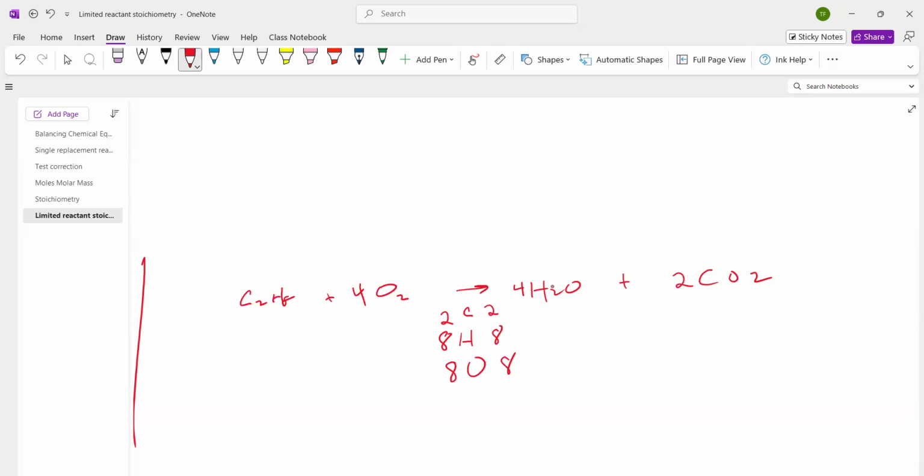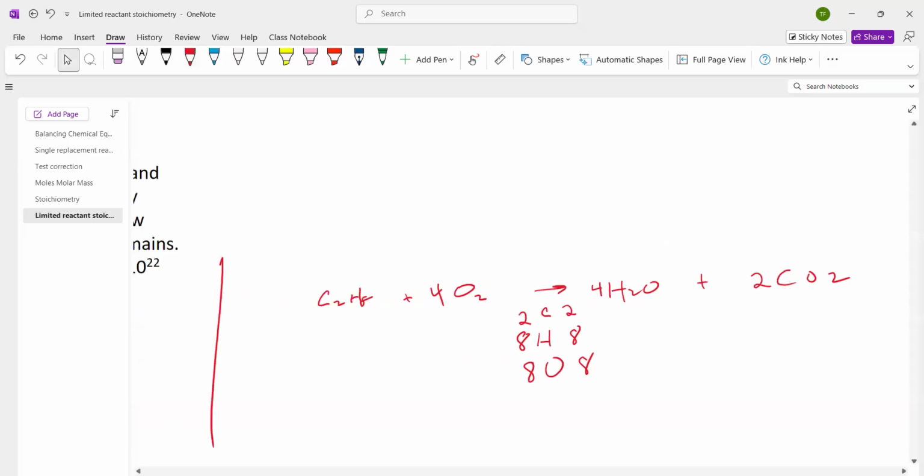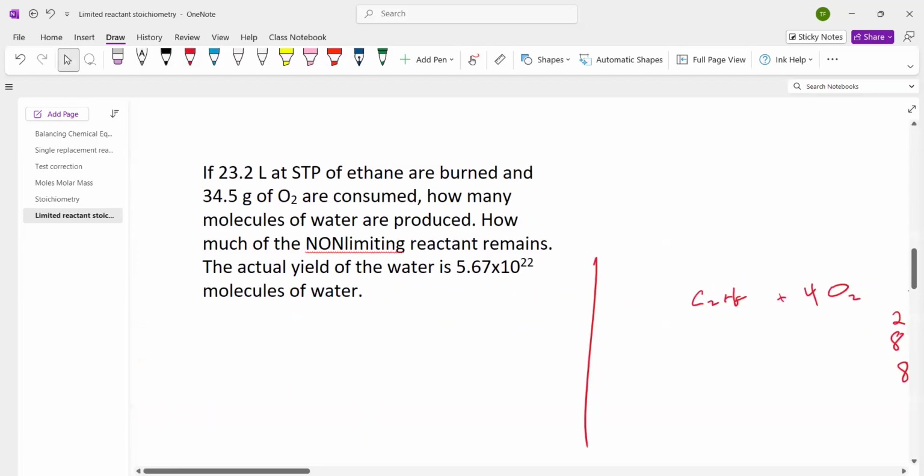Okay. So we have ethane burning. Okay, so we have two givens.